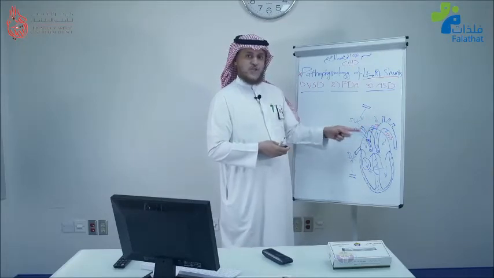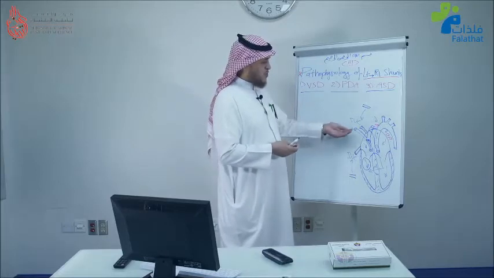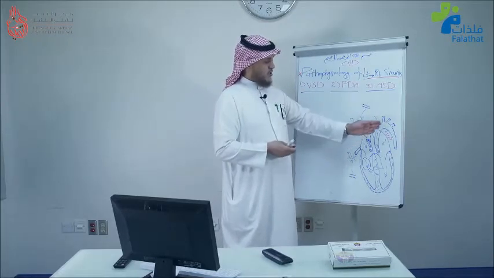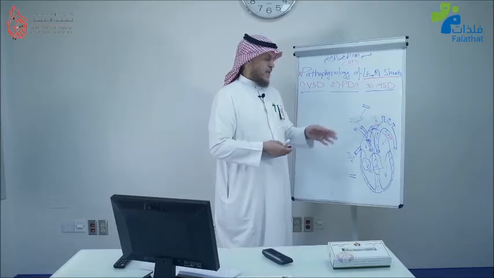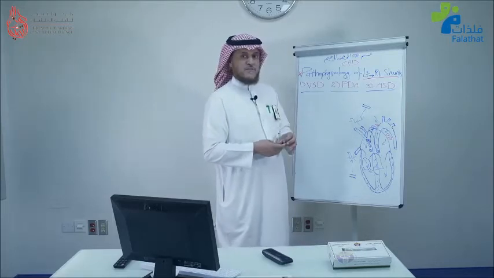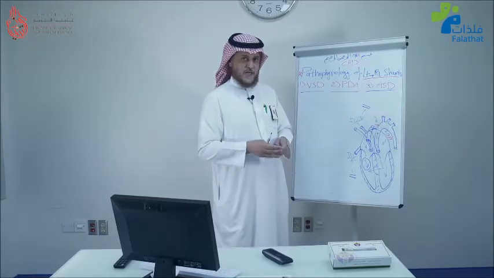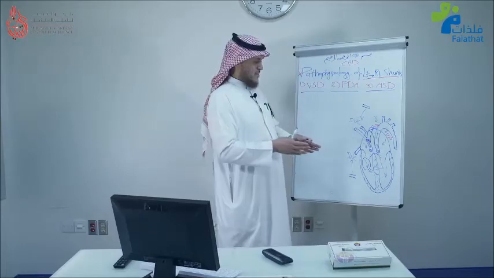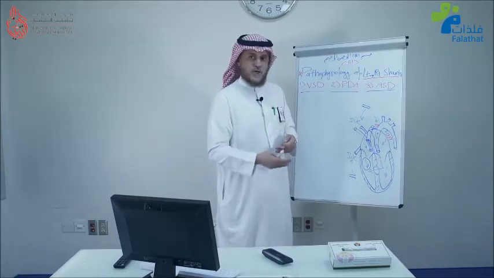A 2 to 1 shunt, or double the cardiac output to the right side, and 1 of the cardiac output to the left side. This does not mean that the left side will not get the appropriate cardiac output. This only means that the right side will get more cardiac output.